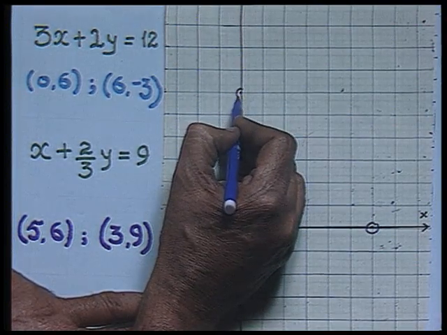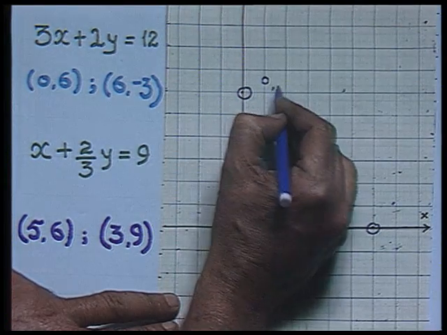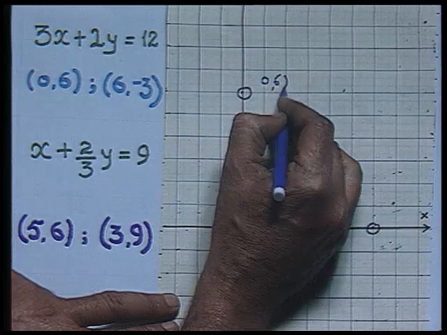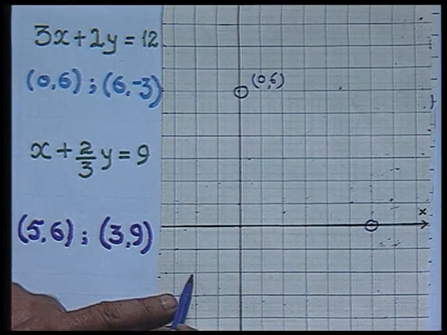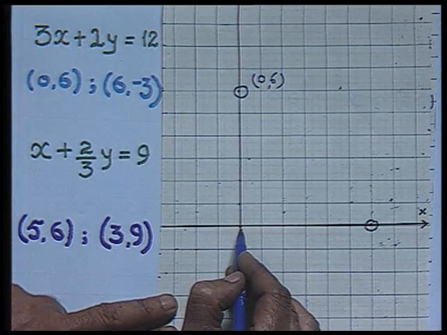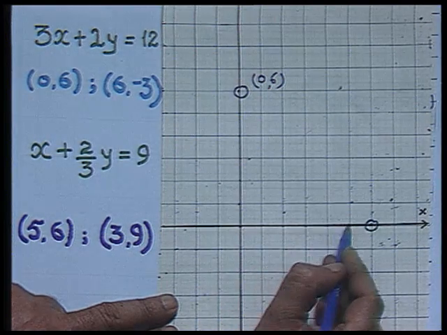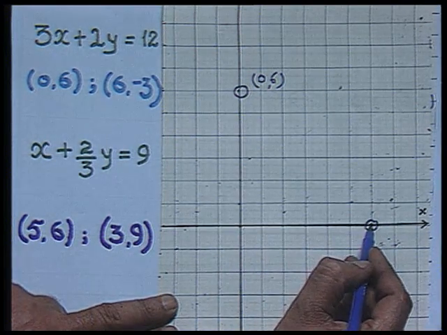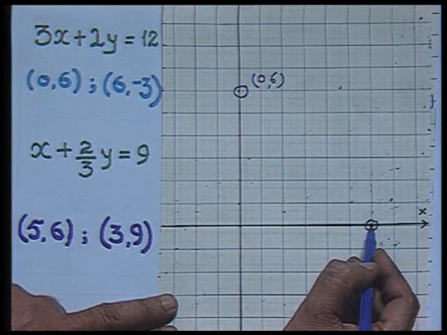So this point is (0, 6). The other point is (6, -3). 6 units being positive, I will move towards right, 1, 2, 3, 4, 5, 6. Now if I don't move up or down, this point is (6, 0).